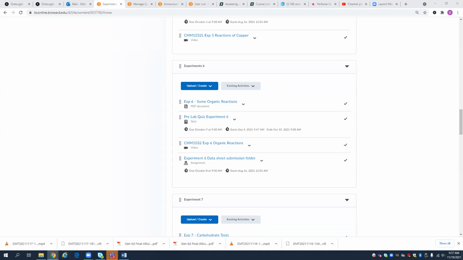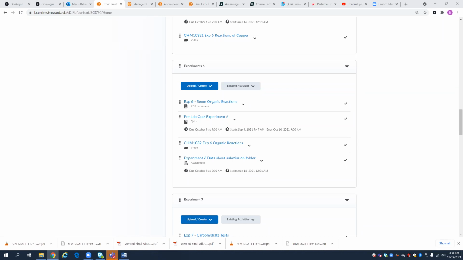This organic reaction, which I think was experiment 6 for the organic reactions. If I give you a test result, and I say, for example, this unknown compound had positive tests with DNP, or 2,4-dinitrophenylhydrazine, or positive DNP, and it was negative or positive with iodoform.